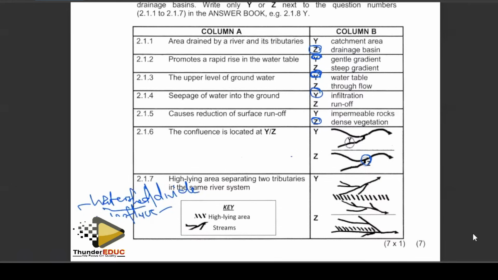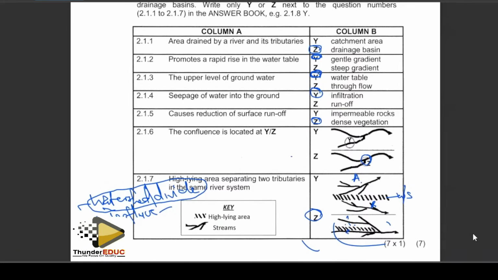Then a watershed completely separates two river systems or two drainage basins. So which one is a splitting of two streams within the same system? This one here. The watershed is separating river A on its own, river B on its own. But this is one river system with this high-lying area splitting tributary 1 from tributary 2. So it's Z as the correct response for that one.